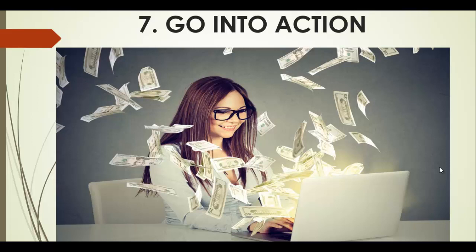So remember the 7-step blueprint. Very, very important. Know where the money is. Number 1. Number 2, crunch the numbers. Then number 3, we said you must find the people where they are, and who you want to give you the money you are looking for.